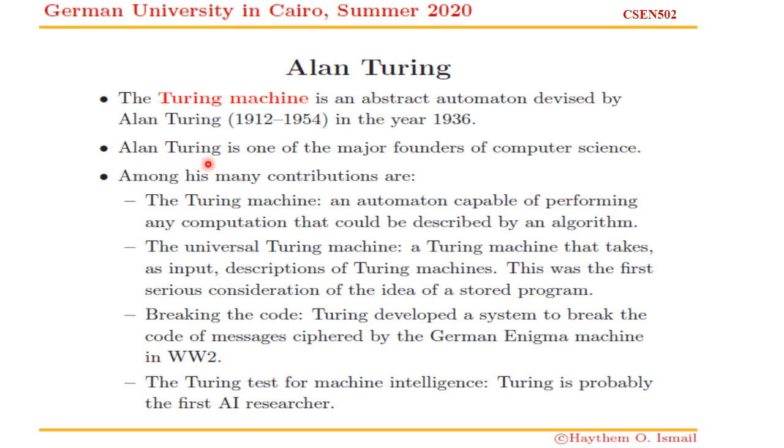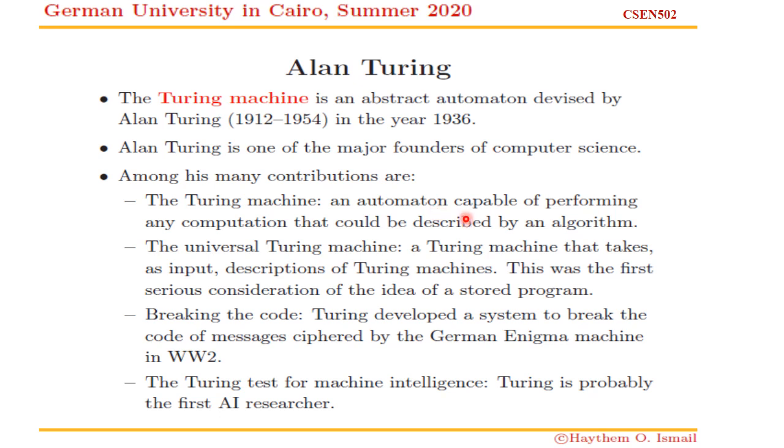Now, Alan Turing did other things, and he is one of the major founders of computer science. And here are just 4 of his major contributions. The first one, which we will see, is what is called the Turing machine. And that's an automaton, as we will see. It's pretty much like the DFA or the PDA, but with a little bit more power, and just a little bit to make it as powerful as any general purpose computer, as we will see.